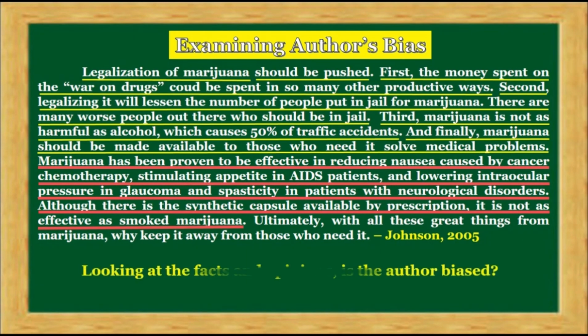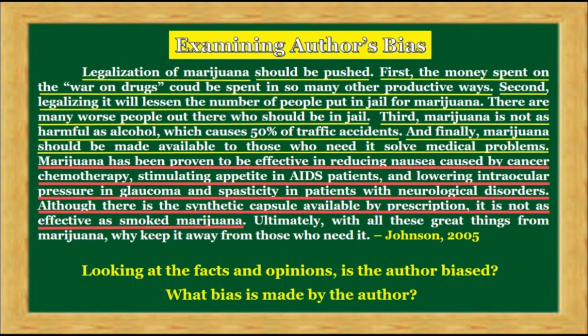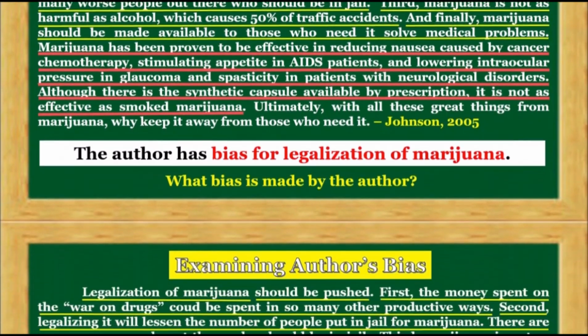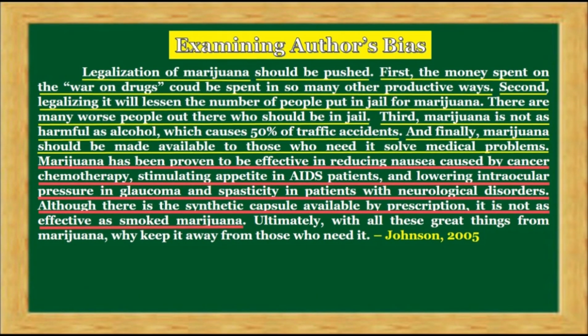Looking at the facts and opinions, is the author biased? Definitely, yes. What bias is made by the author? The author has bias for legalization of marijuana. And finally, how biased is the author?